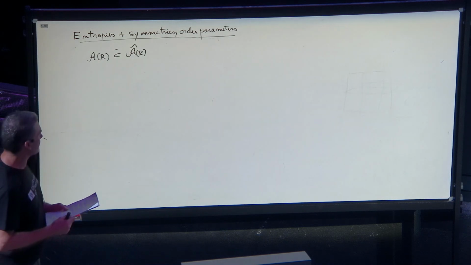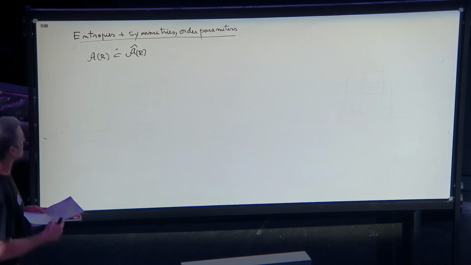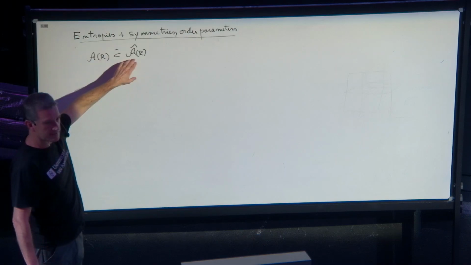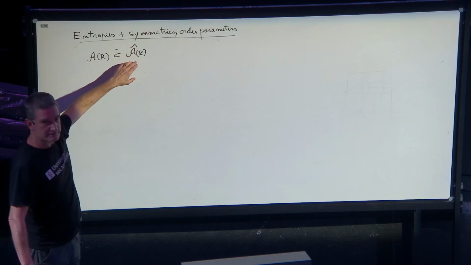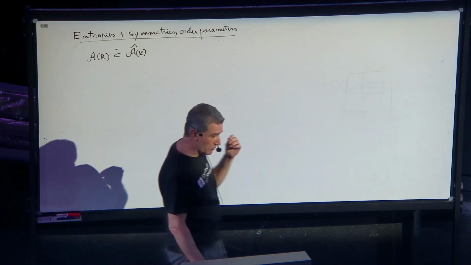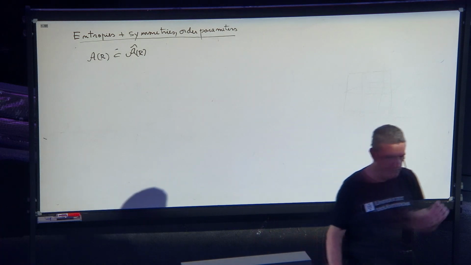I want to do something a little bit different, not much different, because there are infinitely many representatives of a non-local operator. It can be thin, it can be fat.